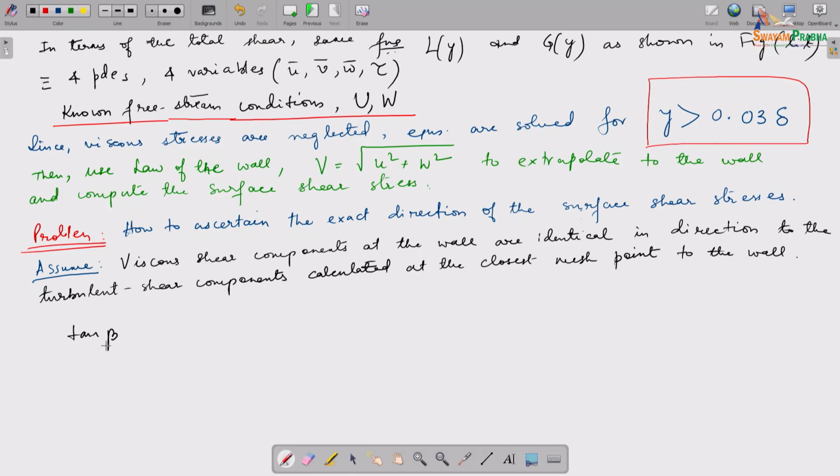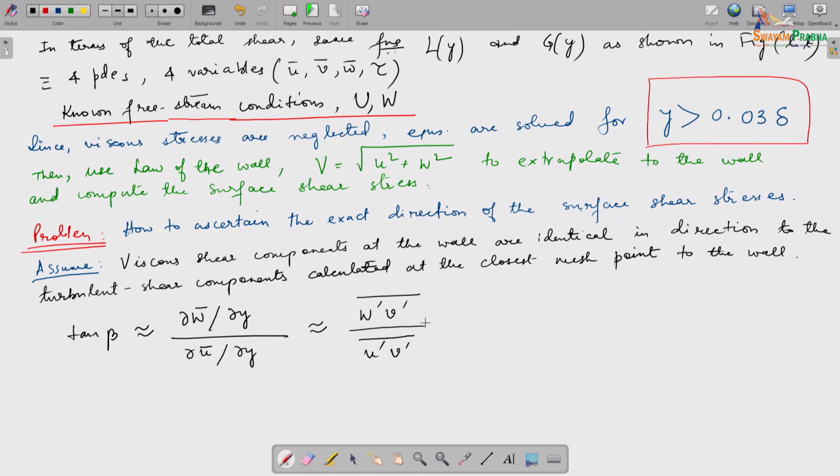I just explained what beta was last time or so. So, we are basically saying the viscous shear components at the wall are identical in direction to the turbulent shear components calculated at the closest mesh point to the wall.